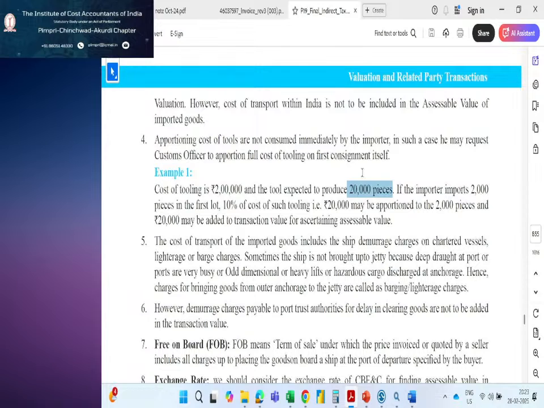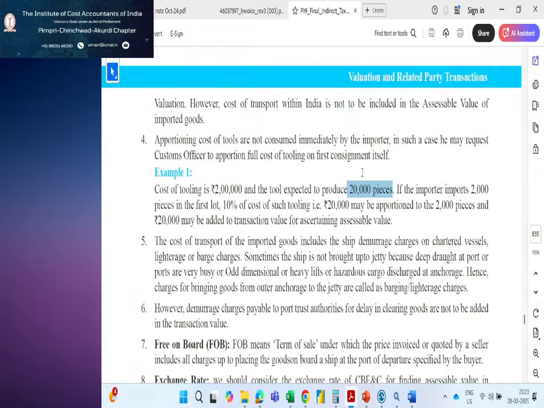The tool is something with the help of which I can develop or produce 20,000 pieces. So in the first lot I am importing some 10%, and in the second lot some other percentage of pieces.